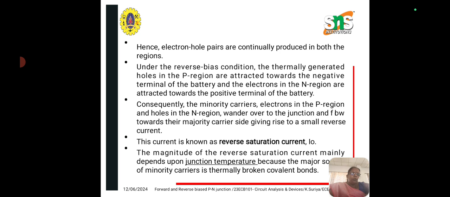Consequently, the minority carriers, that is the electrons in the p region and the holes in the n region, wander over to the junction and flow towards the majority carriers' side, giving rise to a small reverse current. This current is known as the reverse saturation current I0. Its magnitude mainly depends upon the junction temperature, because the minority carriers are produced by thermally broken covalent bonds.